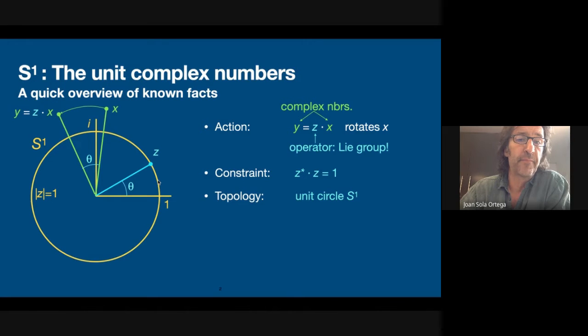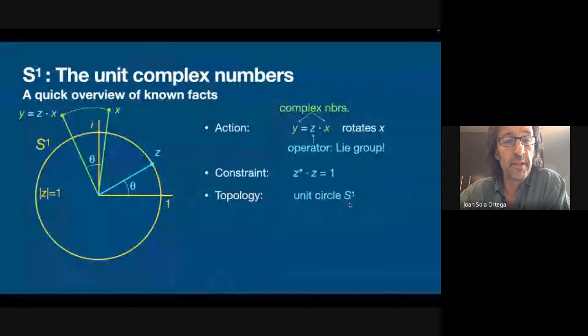Just by imposing a nonlinear constraint, we end up with a set which has a certain shape. We call it the topology, and in this case, it's a unit circle. We call it S1. The shape of this set of unit complex numbers is a unit circle. That's very easy to see. And we call it S1 because it is the sphere of dimension 1.